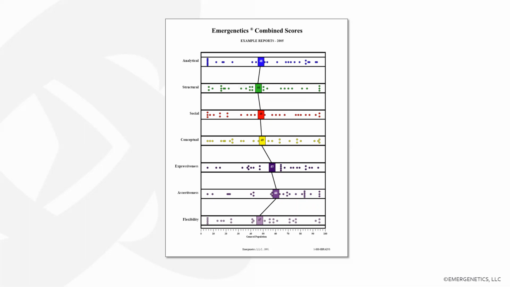So we have a dot chart. Now if you look at this, every single dot, look at the analytical, the blue color one, they will have a lot of dots over there, right? Every single dot represents 1 person. The square color, you see the number 48, 46 with the line, that is after we put all the profiles together, and that is the average. That is the center line.